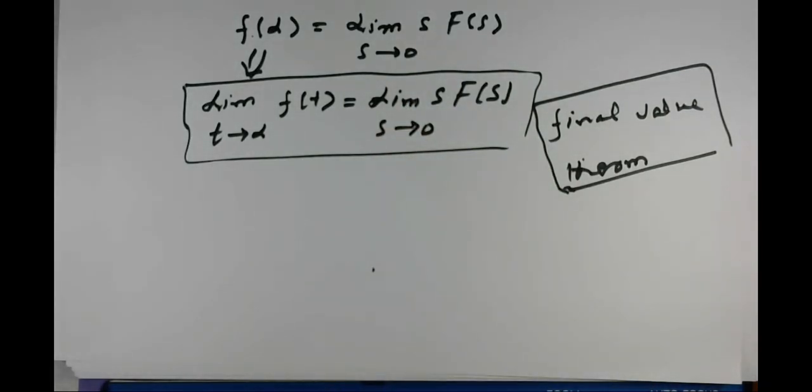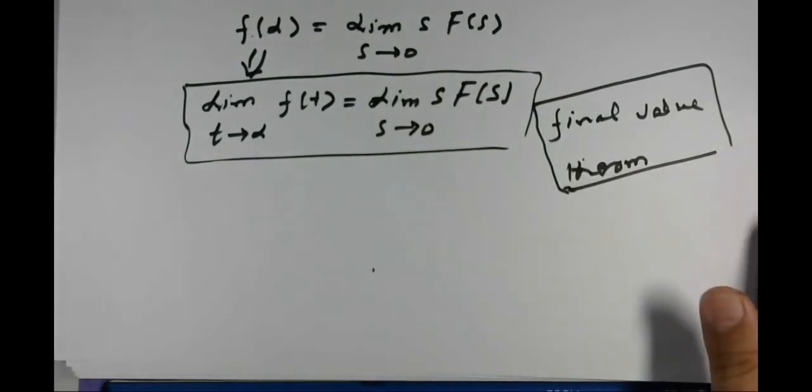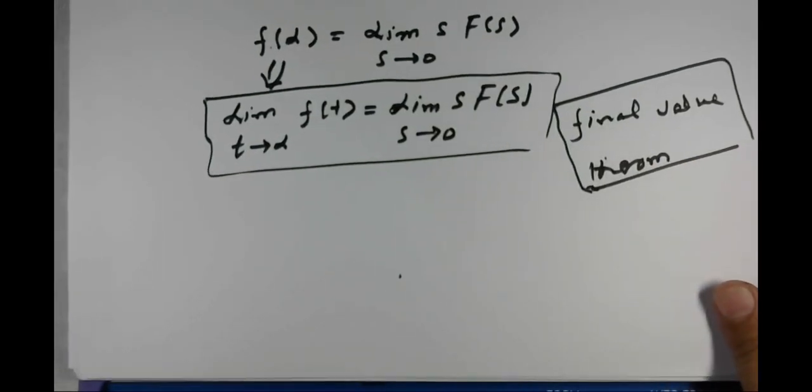And this is exactly equal to this thing because we just proved that this is true. So this was our initial value theorem and our final value theorem. Now we can solve one example using the initial value theorem and the final value theorem.